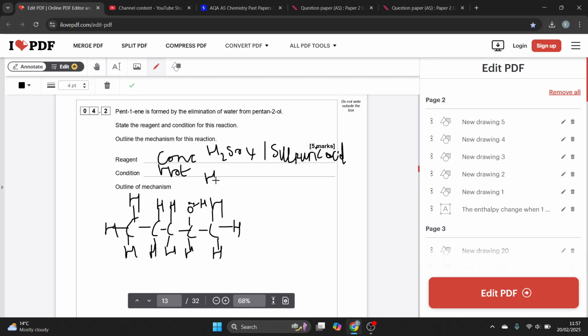Then you've got your H plus bonding to it. Now the oxygen is positively charged, which makes complete sense: it's bonded to an H plus, so it's taking that charge. So the oxygen is positively charged, and it's bonded to the other hydrogen as well. Then from the middle, the carbon-oxygen bond goes to here.